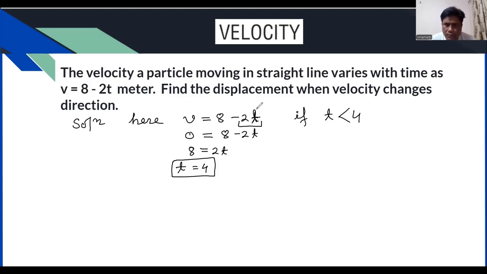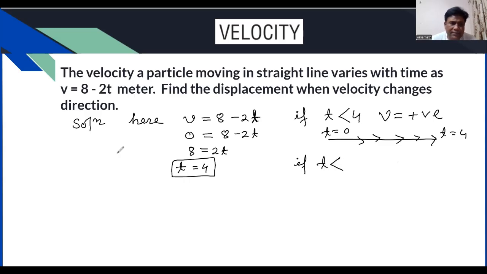But if t is less than 4, 8 is bigger than 2t, so the whole quantity will be positive. So when t is less than 4, v is positive, meaning the particle is going initially in the positive direction from t equal to 0 to t equal to 4. At t equal to 4, it is changing direction.